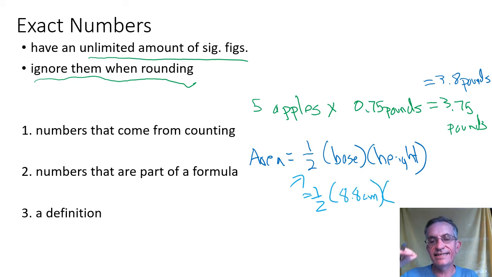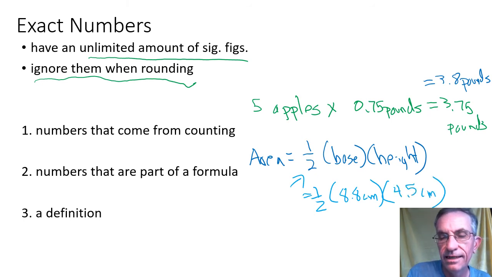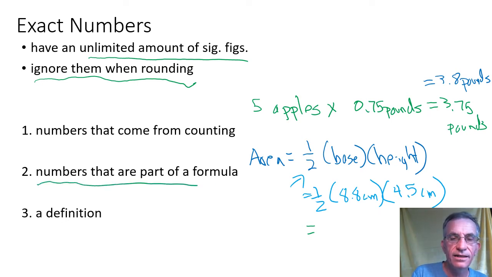And the height of the triangle is 4.5 centimeters. For the rounding part of your answer, you would not worry about the half. The half is part of the formula. You would worry about the fact that this number only has 2 sig figs, and this number only has 2 sig figs. So you would give me 2 in the answer. So a number that's part of a formula, don't think about how many sig figs are in that part of the math when you decide how to round.